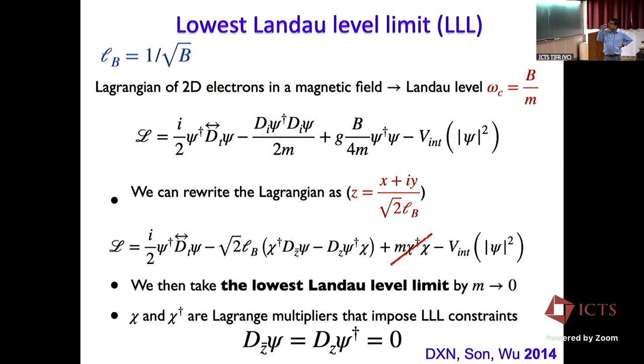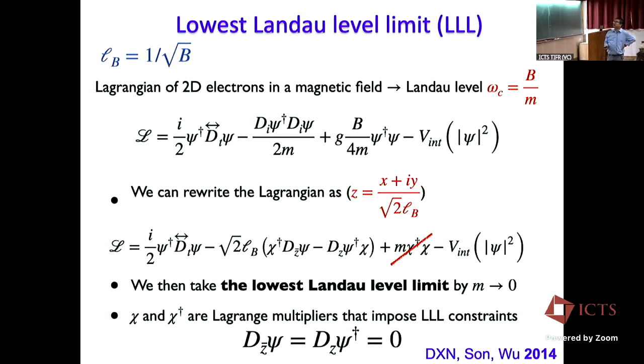If we change the variable of the coordinate with this one, we can write down the Lagrangian of the electron in the magnetic field in this form. If you integrate out chi from here, you can come back to this Hamiltonian. You have a Hubbard-Stratonovich transformation to take you back and forth between the two Lagrangians.